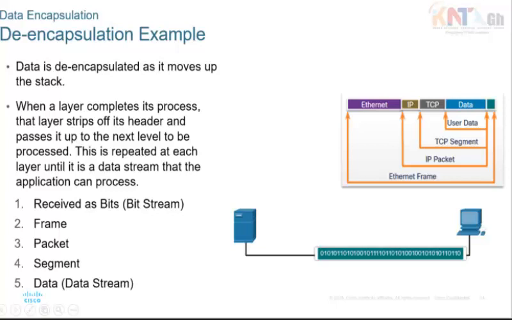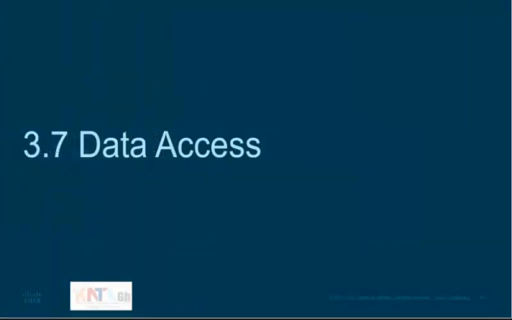Now, when it is supposed to be presented at the presentation layer, then at the application layer, which is layer 7, it is received from layer 5 and de-encapsulated. So all the information that was added will also be removed so that it can be well interpreted and understood by the receiving device. Data access.